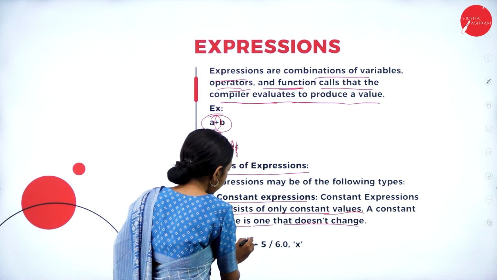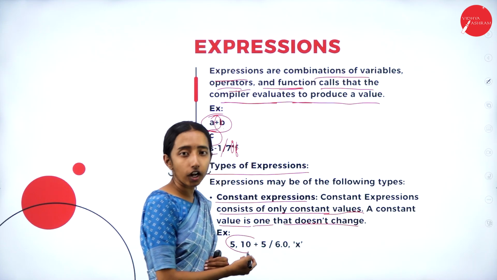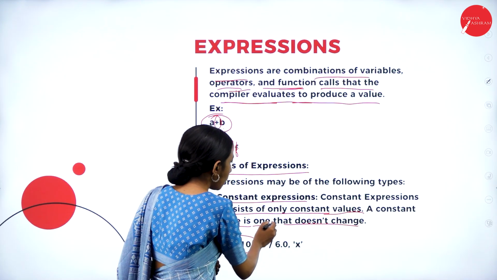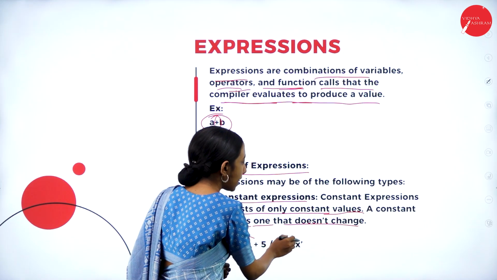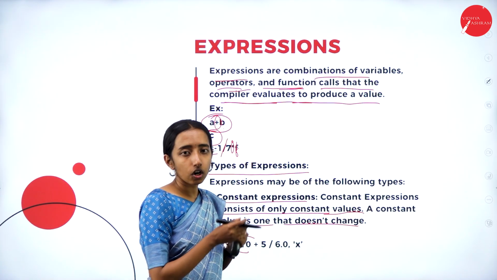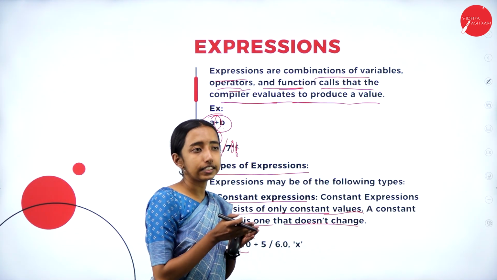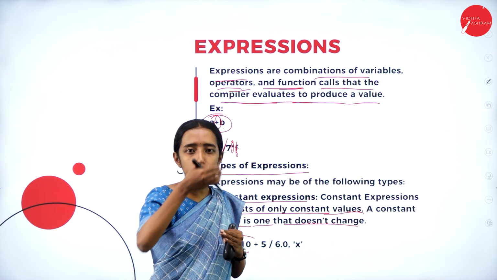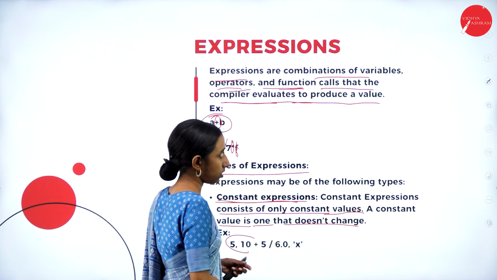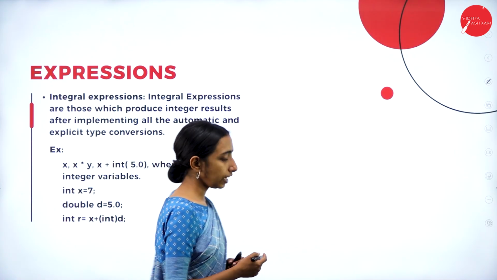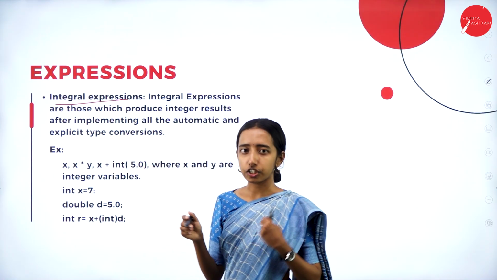So here we can see 5 as a constant, 10 plus 5 with a division of 6.0, comma x is a character data type. Constant means the value that does not change throughout the program, that is considered a constant expression.